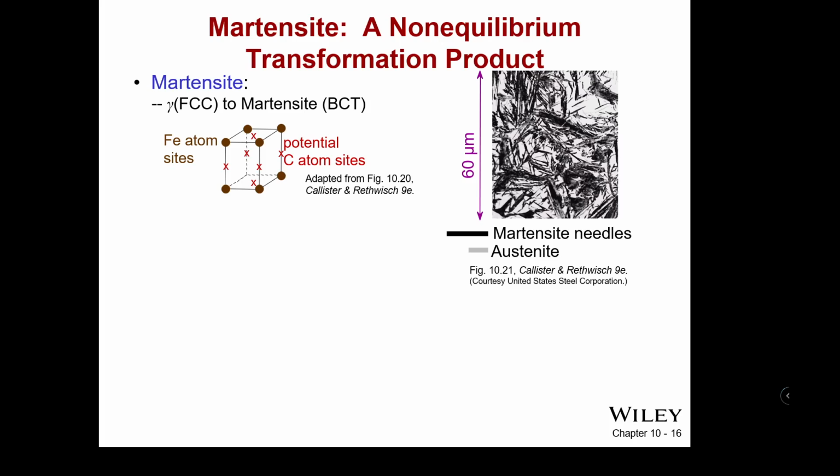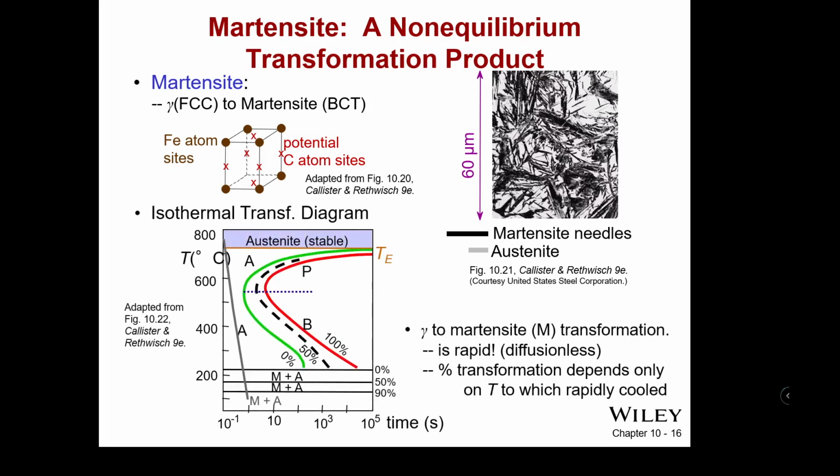So it's not body-centered cubic, it's body-centered tetragonal. That makes it able to form these sharp shards, and martensite is actually what gives us a hard cutting edge in tooling and materials. So these iron atoms and potential carbon atoms are visible.